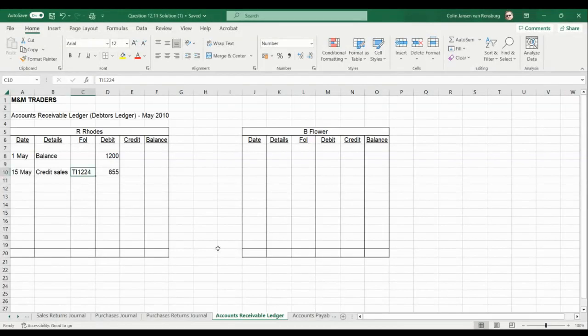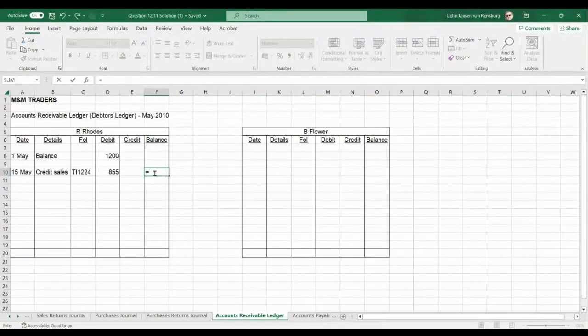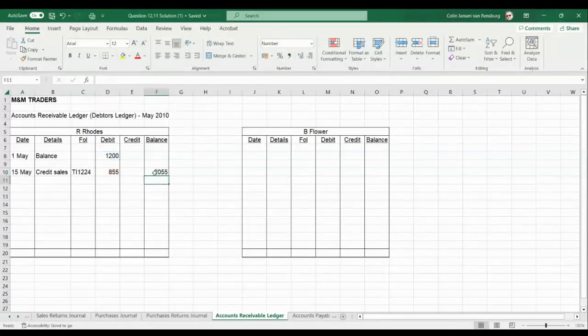So now let's go and give this little sheet a little program. We'll just program it basically. So you say it's going to be more. So we are going to say that the opening balance was D8, and now we've got to say plus D10. So that means we've now got a running total, and we can see that that specific customer of ours owes us 2,055 rands after we've made that sale.